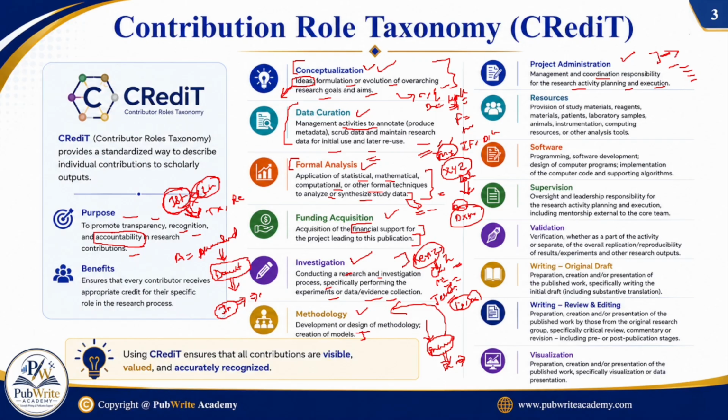Complete management is one aspect. It also involves recruiting any participants needed for conducting the particular research, for example for interviews, focus groups, surveys, field studies or clinical trials. So this is also part of project administration.